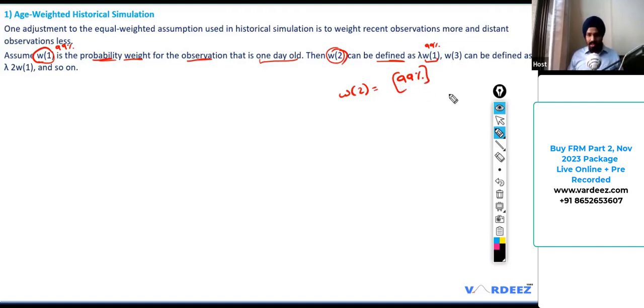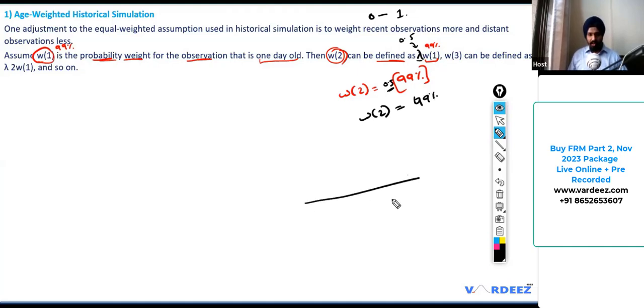We are multiplying by this lambda. Now the lambda may be anything, a value between 0 and 1. Let's say it's 0.5. So the weight of W2 is now half of this 99%, so somewhere around, let's say, 49%.